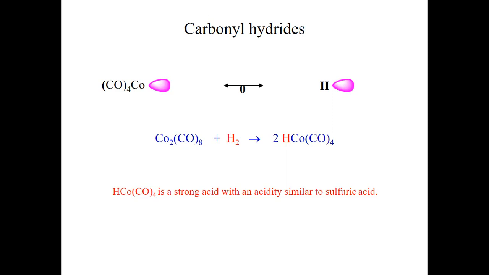Okay, so HCo(CO)4 is a strong acid with an acidity similar to sulfuric acid. Okay, so now one can engineer the acidity of these carbonyl hydrides just by the proper choice of the metal and the choice of the other ligands.